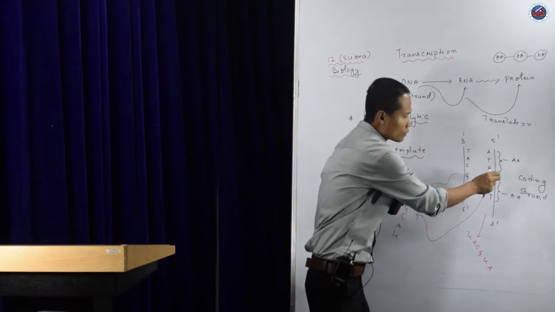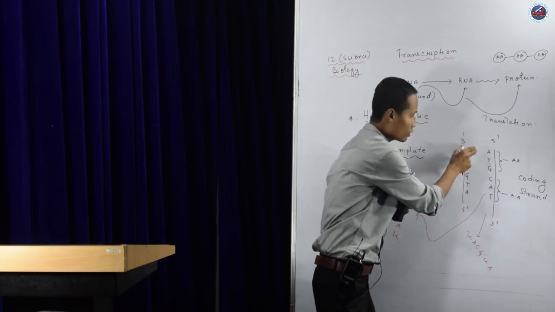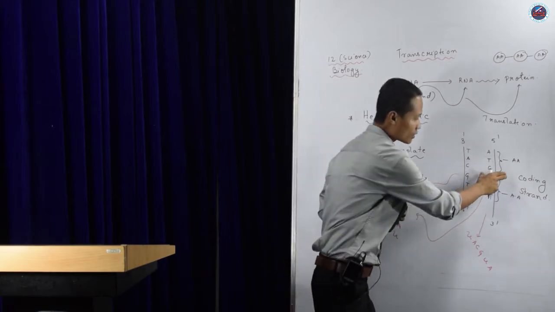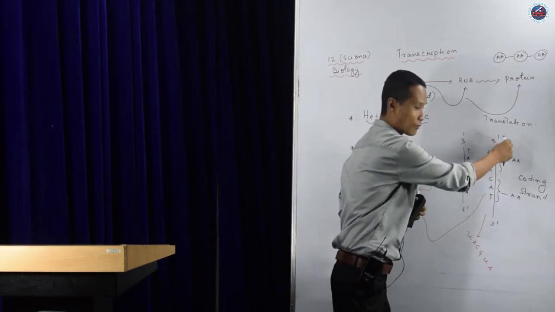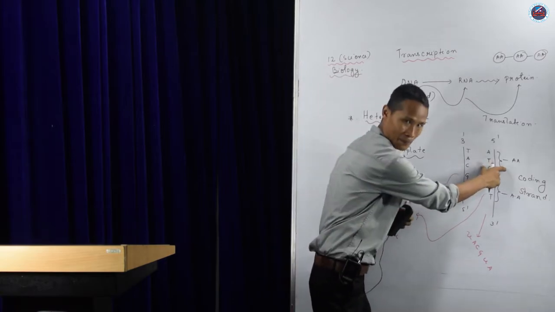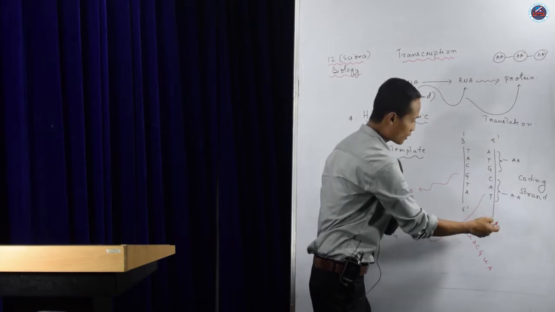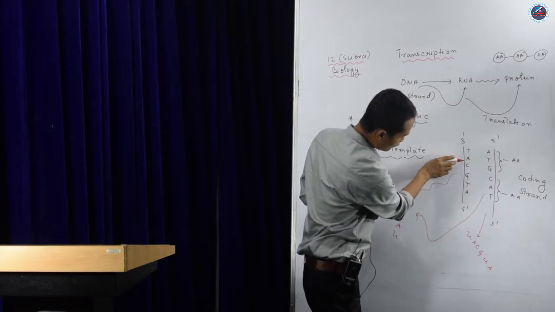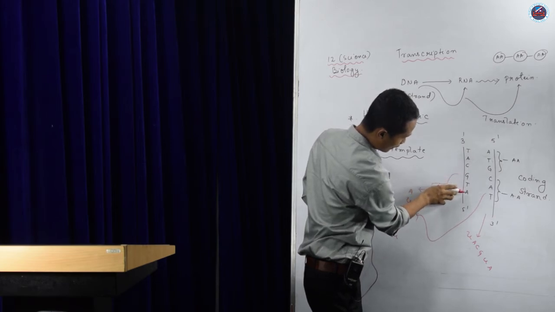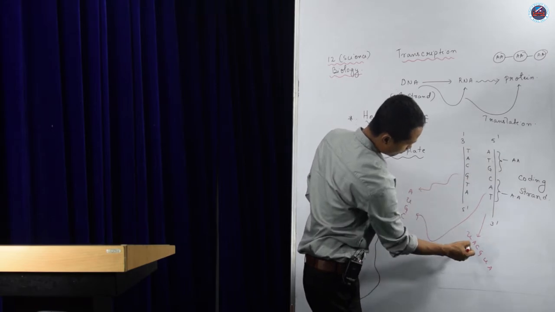So this template strand will provide the coding sequences that are there in the 5' to 3'. But if you use this as a template strand, 5' to 3', then you get U, A, C, G, U, A. You can see that this sequence is not matched with this.